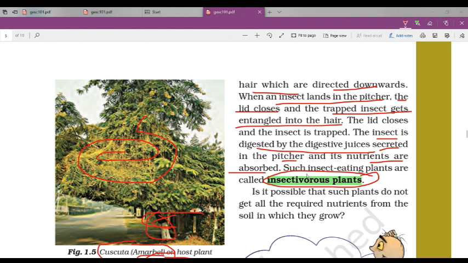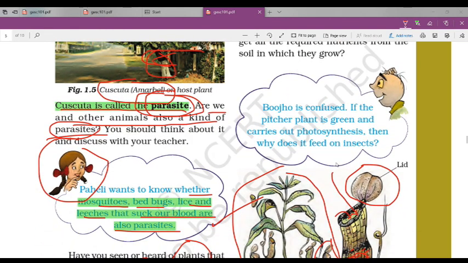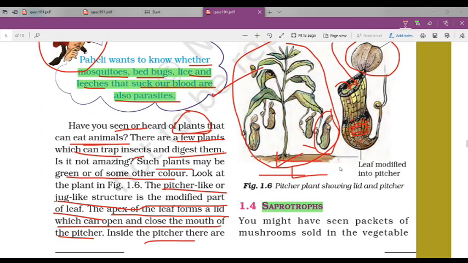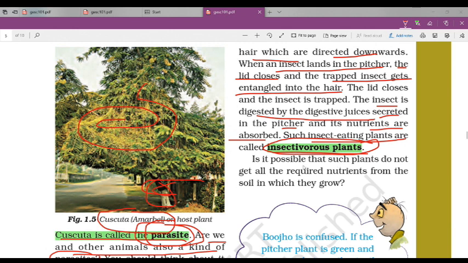So these types of insect eating plants are called insectivorous plants. This type of pitcher plant is called an insectivorous plant.